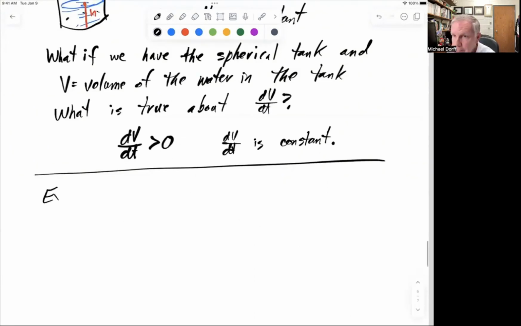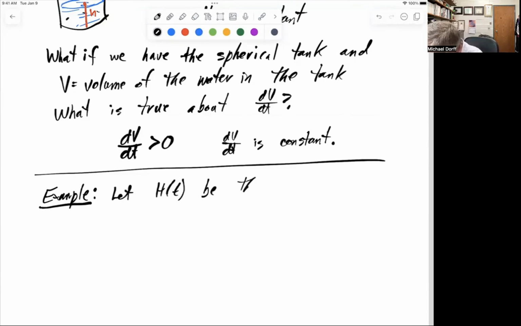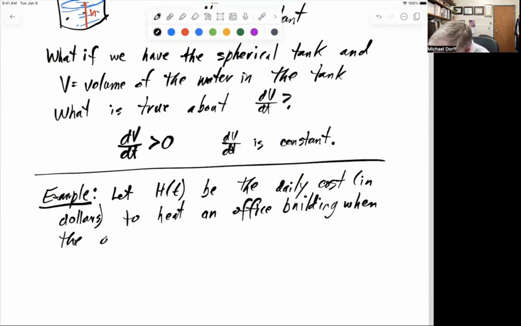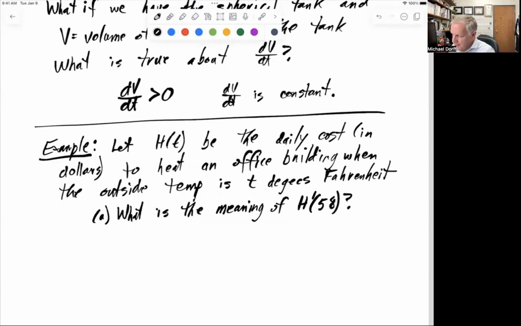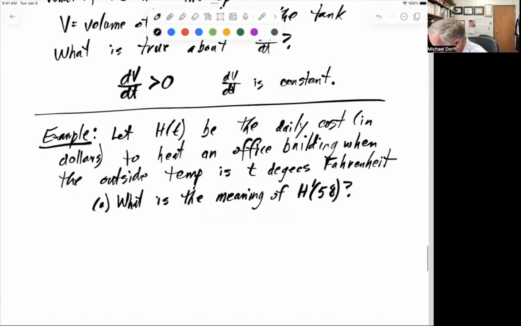Let's do another example. Let h of T be the daily cost in dollars to heat an office building when the outside temperature is T degrees Fahrenheit. What is the meaning of h prime of 58? So h is the daily cost to heat the building when the temperature is 58 degrees.